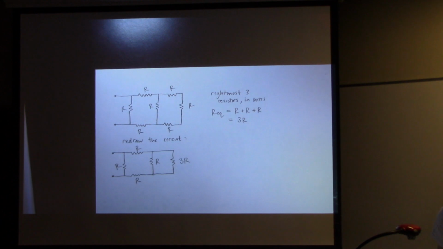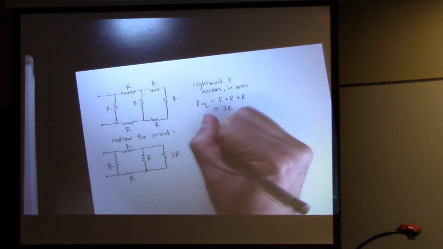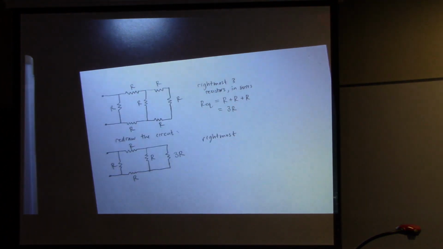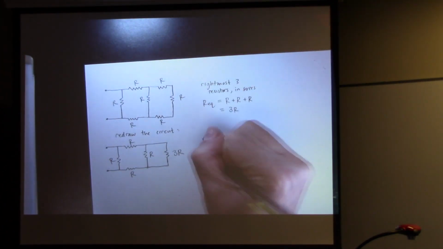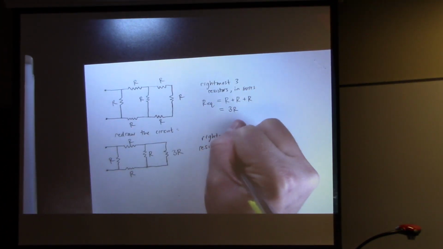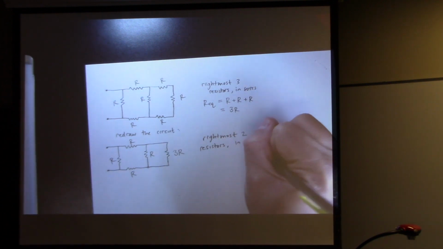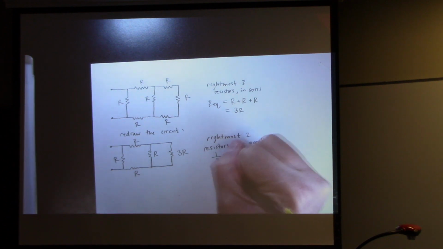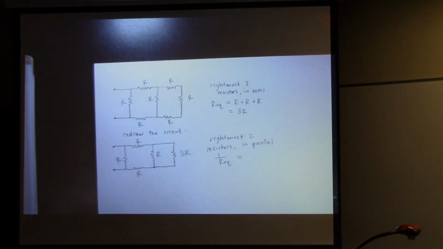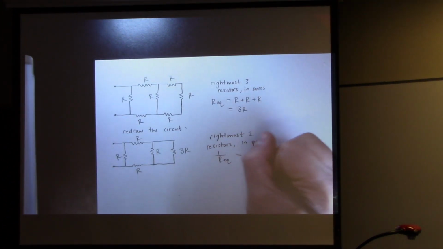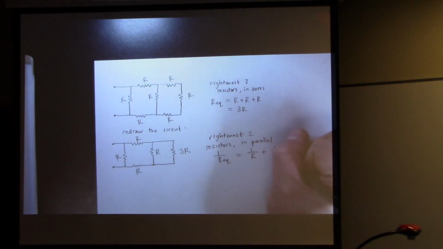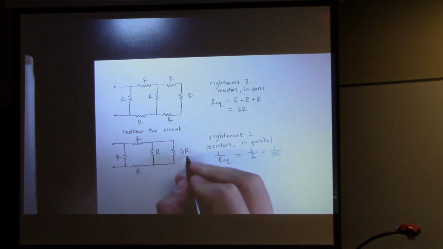So how do we combine things in parallel? It's not just straight addition. Instead, we say 1 divided by REQ is equal to 1 divided by R, that's this resistance here, plus 1 divided by 3R, that's this resistance right here.